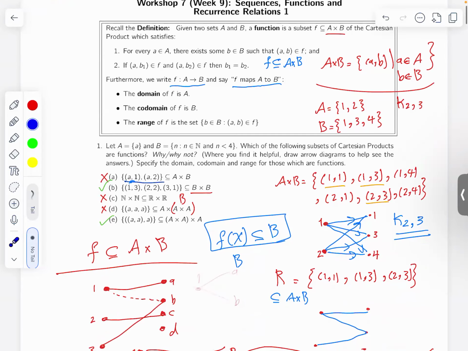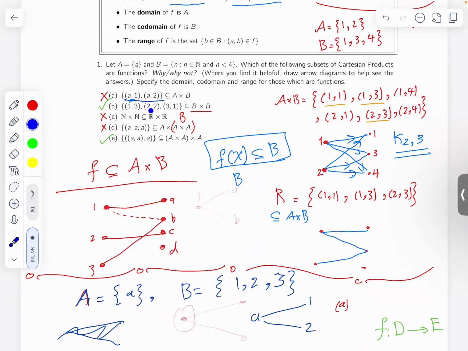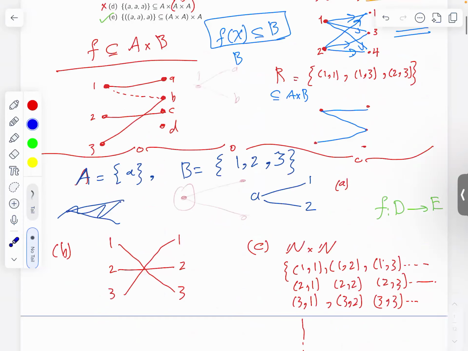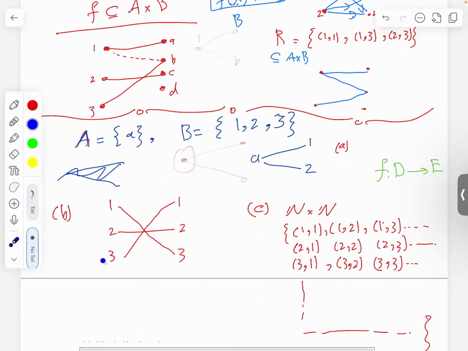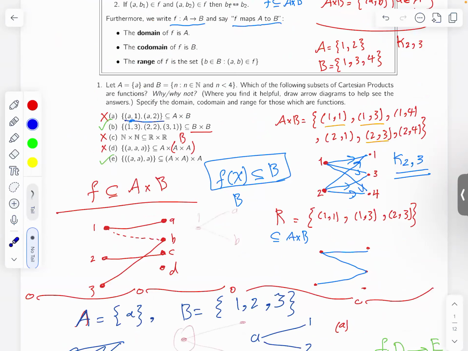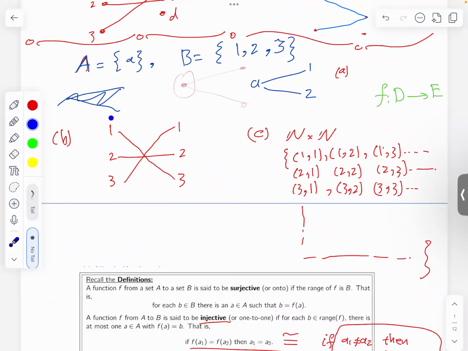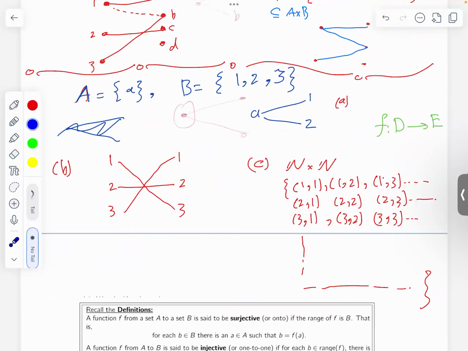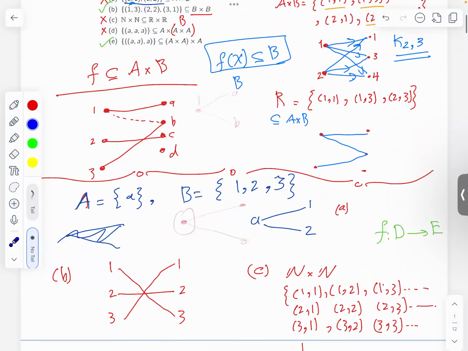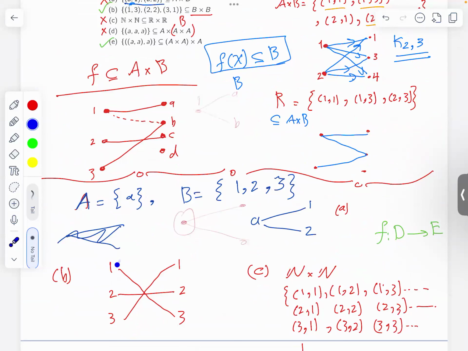All right. So part B: 1, 3, 2, 2, 3, 1. Let's write that one. B is 1, 2, 3. So it is possibly a function, a subset, which is a relation between a subset of B times B. And you see that from here, 1 goes to 3, 2 goes to 2, 3 goes to 1.